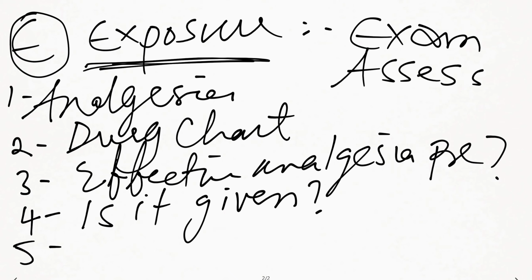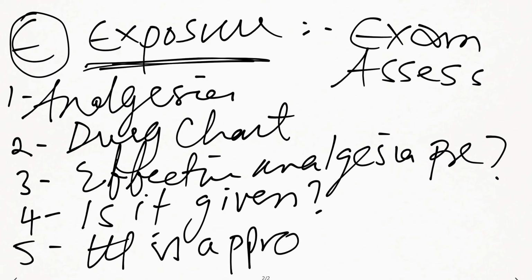And the third question you want to ask yourself, and the fifth point in the exposure part, the E part of the protocol, is if the treatment is appropriate. So these are the 5 steps.